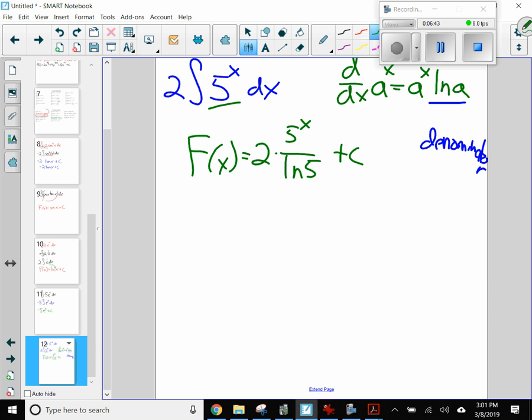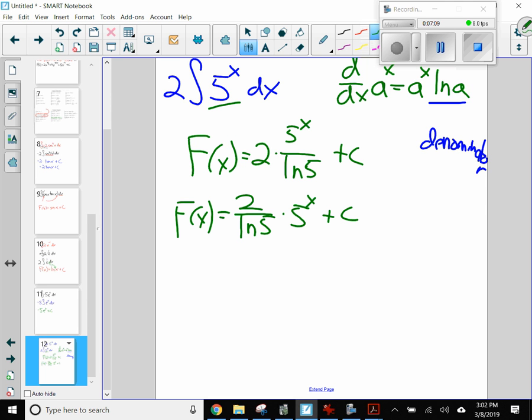Let me rewrite that. Because ln 5 is a number and 2 is a number, I'm going to rewrite it as 2 divided by ln 5 times 5 to the x plus c. So forgetting about the c for this, this is big f of x.